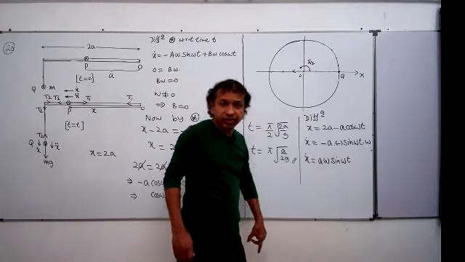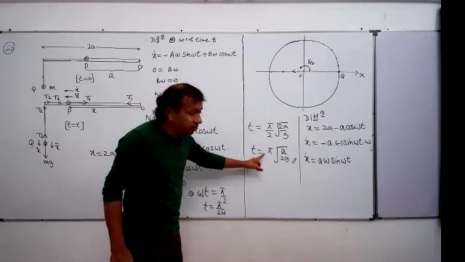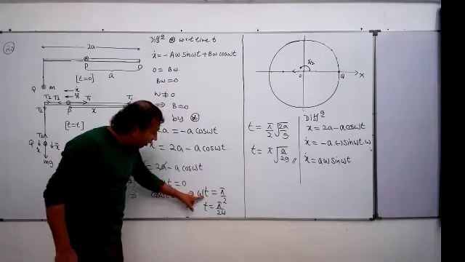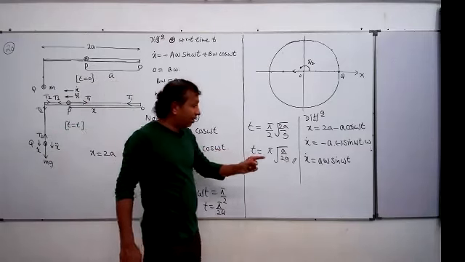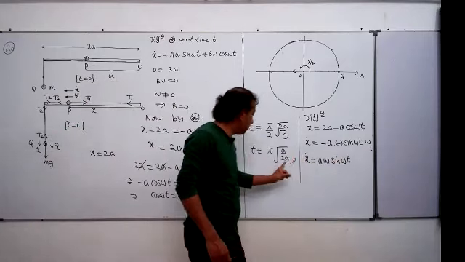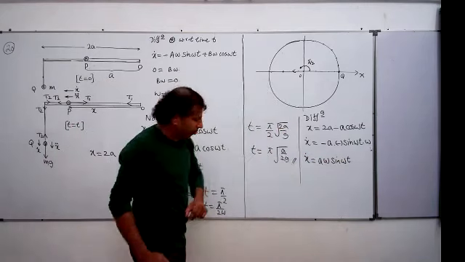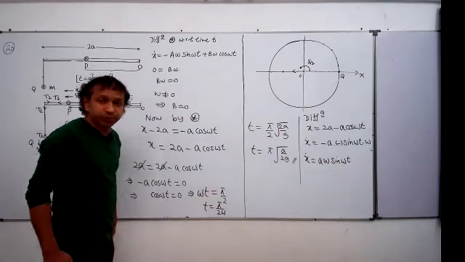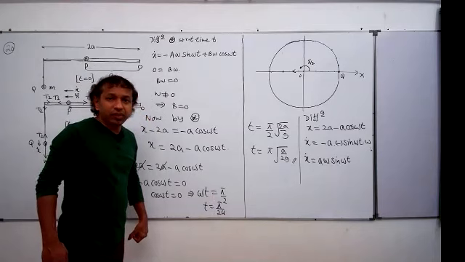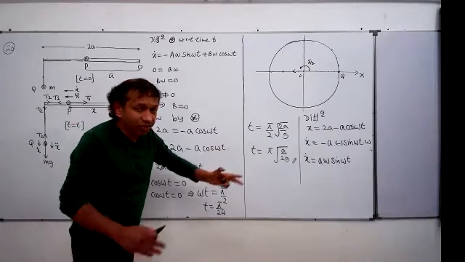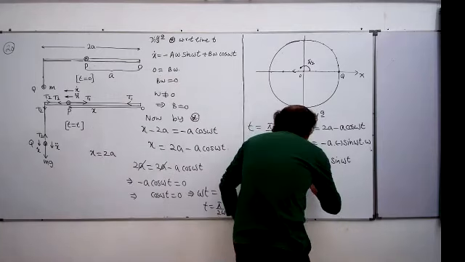The answer for omega t is pi by 2. So rather than substituting t and omega separately, we can directly substitute the product omega t, pi by 2, because there we need omega t. But for this omega, we substitute the given value.